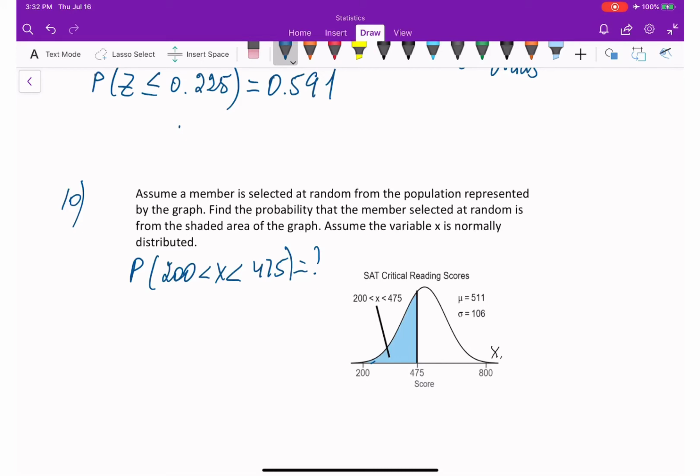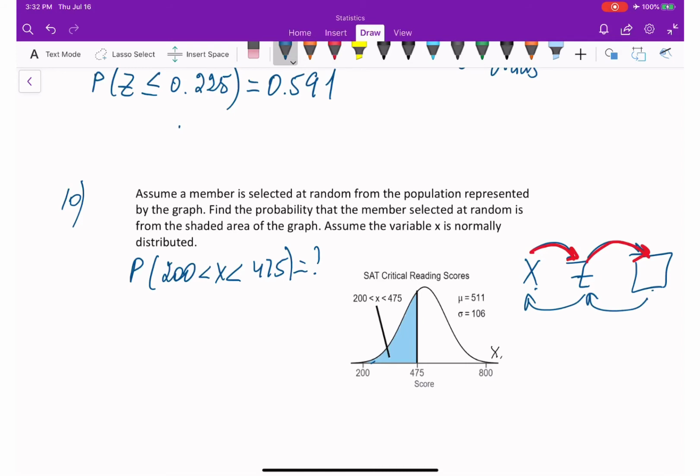Remember how we go from x to probability. From x we need to find the z-score first, because only the z-score has access to probability, right? The table. And if we have a probability, we need to find x. From probability we go to z-score, from z-score to x. Right now we are using this path. We are given x, going to z-score, from z-score to probability.